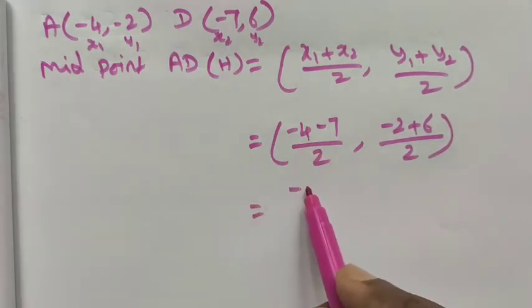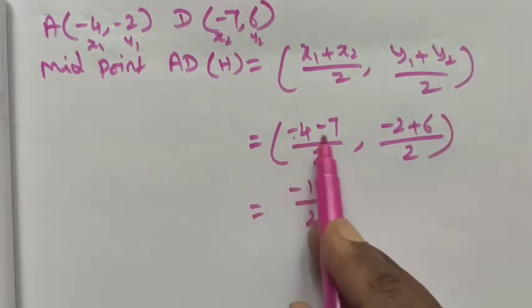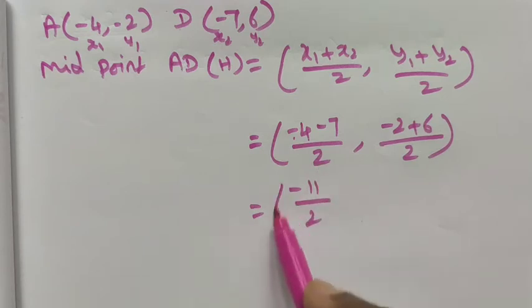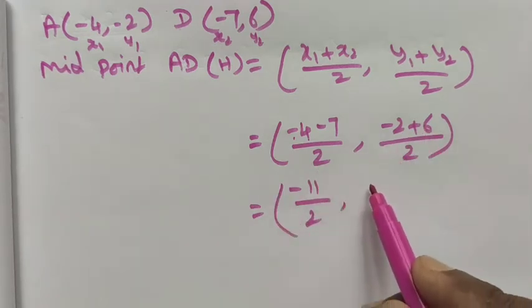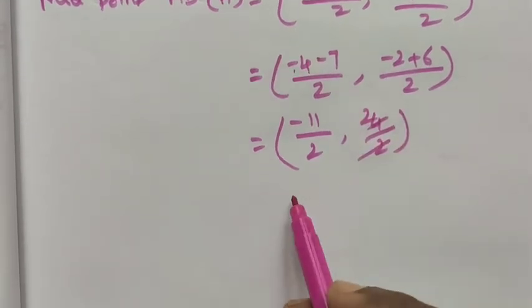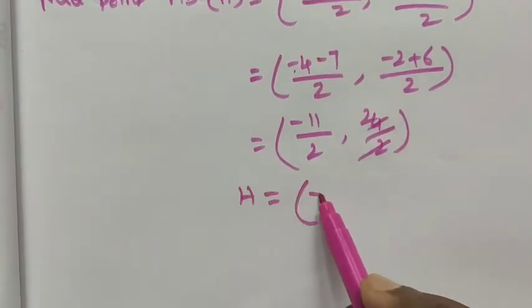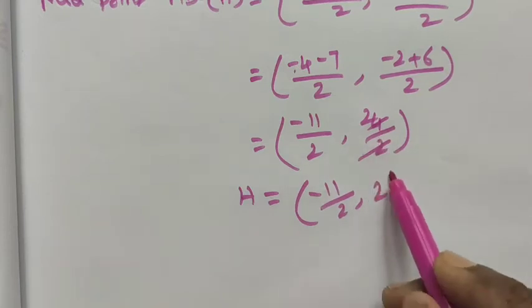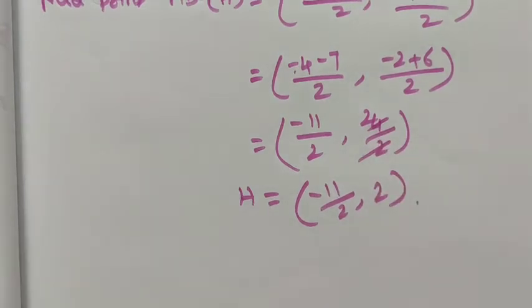When you substitute this, we get -11 divided by 2, both having the negative symbol so we add the terms. And 4 divided by 2 is nothing but 2, right? So the point H is (-11 divided by 2, 2). Now we have found all the E, F, G, H points.